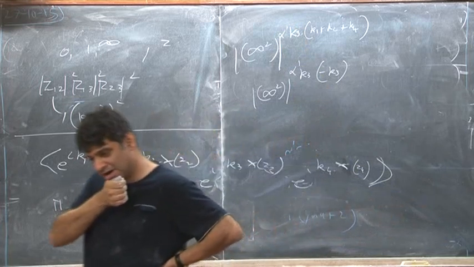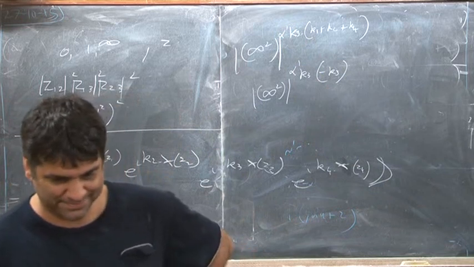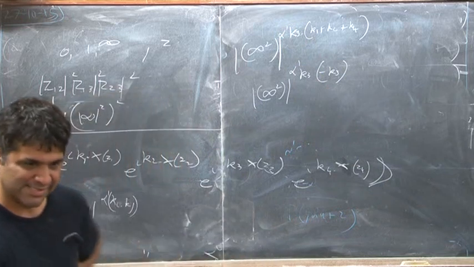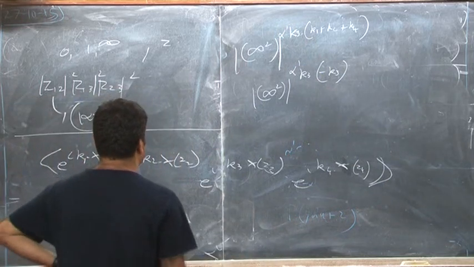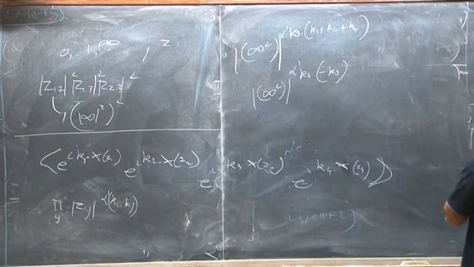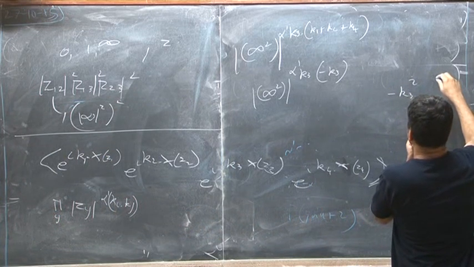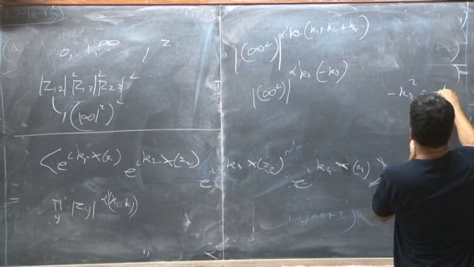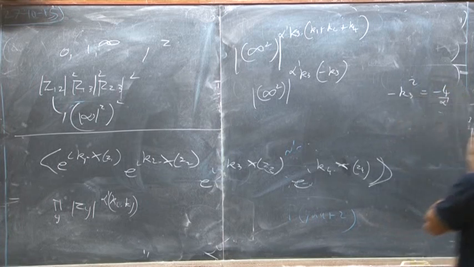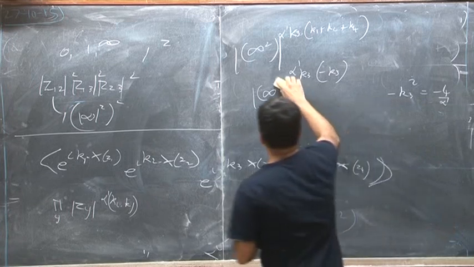But now our mass shell condition for the closed string, if I remember rightly, is that minus k3 squared is equal to minus 4. Why is it infinity square? It should be just infinity. Ah, this should be it. Thank you.